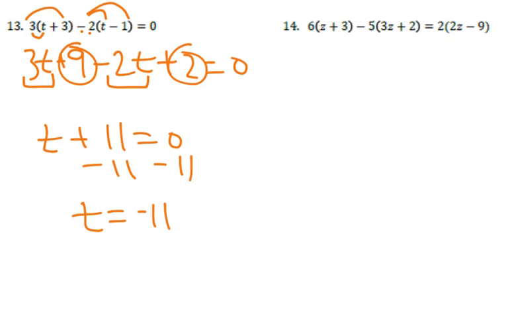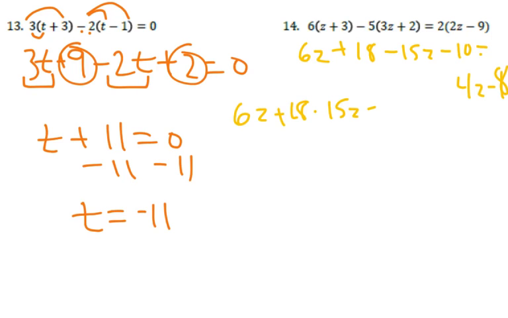For 14, same idea. So we just do the same exact thing. So we get 6z plus 18 minus 15z minus 10 equals 4z minus 18. And I ran out of space. You'll just have to deal with it. So combine like terms.